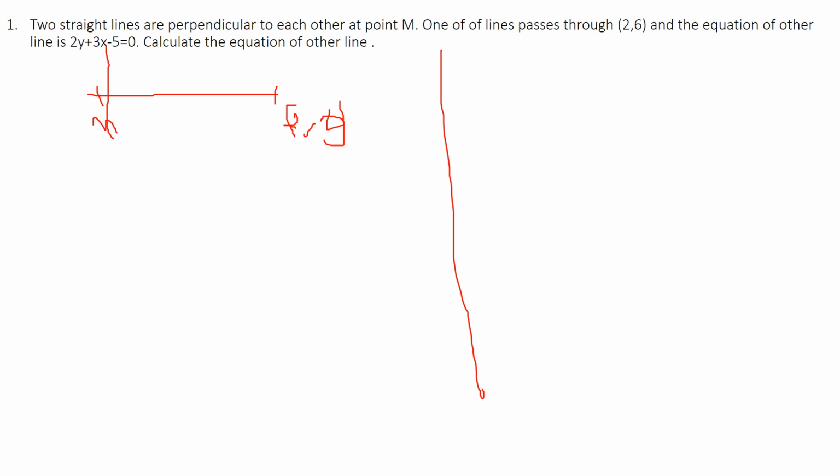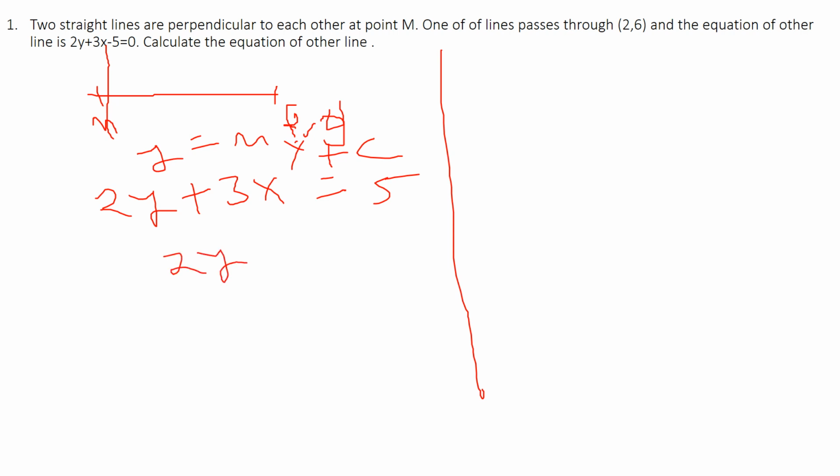So the first thing to do is to put this equation in the form y = mx + c. In this case my equation will be 2y + 3x = 5, and then I have 2y = -3x + 5.